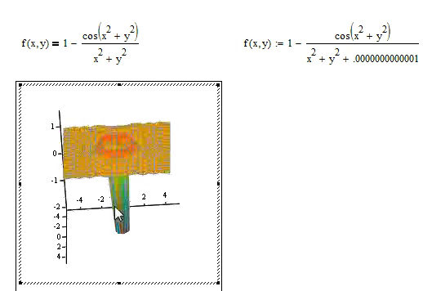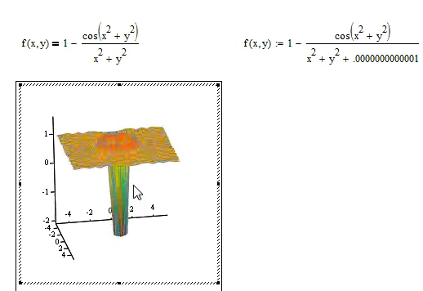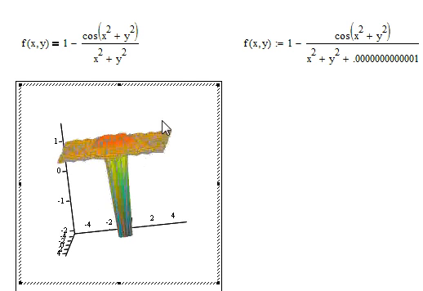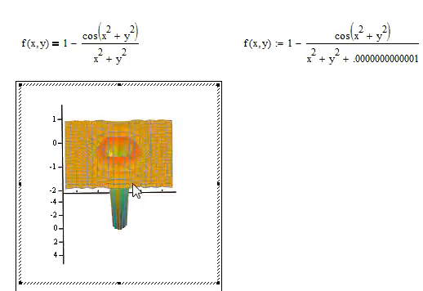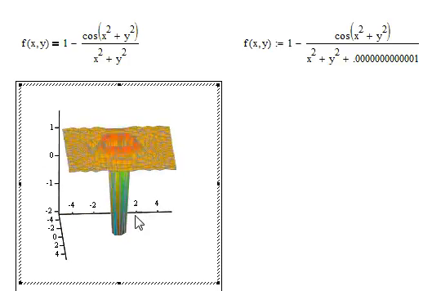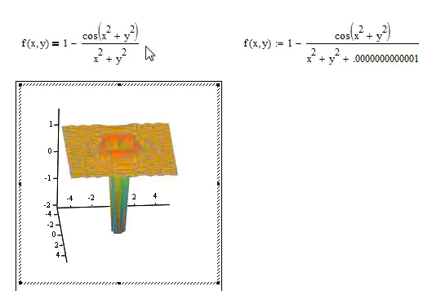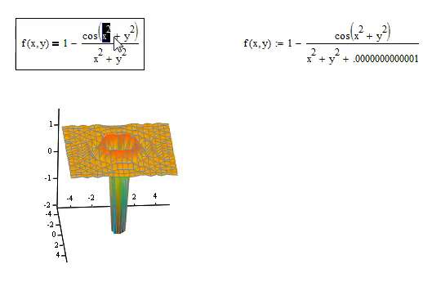I don't know what that looks like. It looks like some kind of a bizarre thing. It's wavy up here in this plane, but as it gets close to 0, then it takes off for the nether regions. So 1 minus, maybe we could even refer to that as something like 1 minus infinity of sorts, because cosine of 0 is equal to 1, so we got 1 over 0.